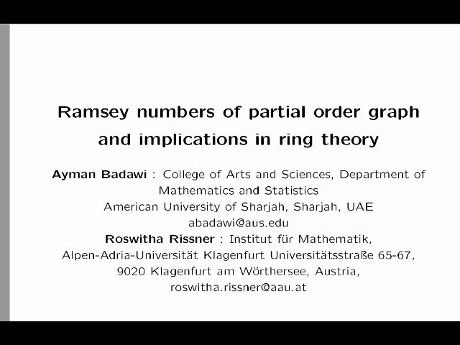Then you define your partial order graph to be a simple graph such that two vertices are connected if and only if A less or equal to B or B less or equal to A. Okay?